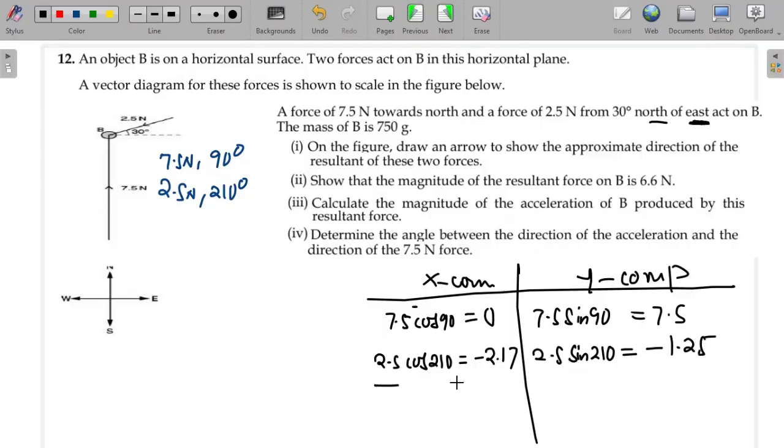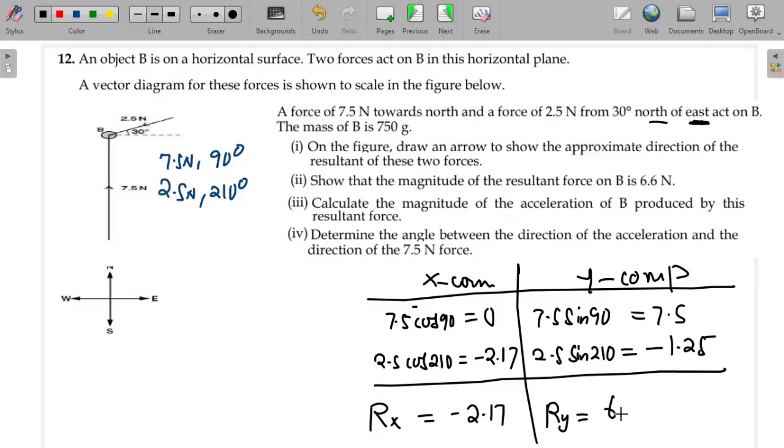So let's add them to get my Rx and my Ry. Here it will just be minus 2.17. Here it will be 7.5 minus 1.25, which simply gives me 6.25. Okay, so that is what I have there.